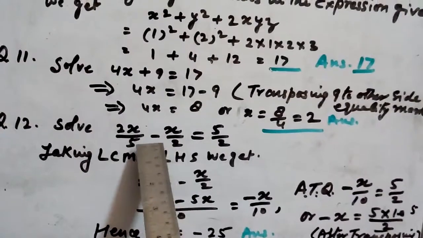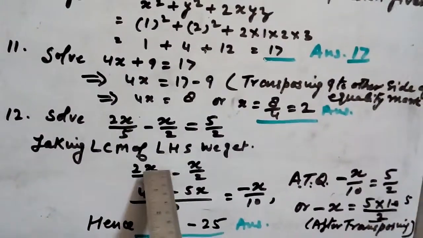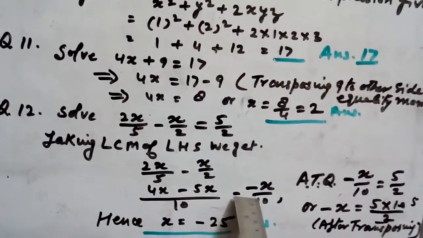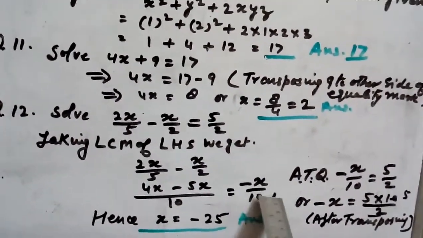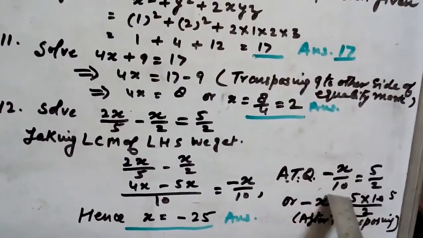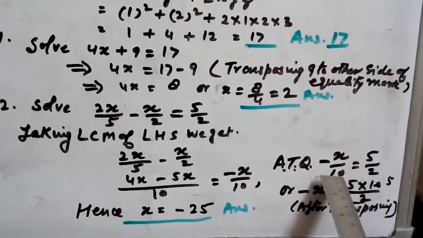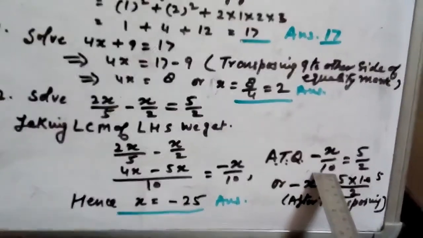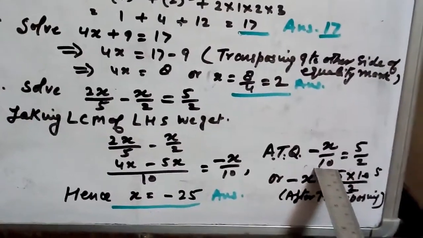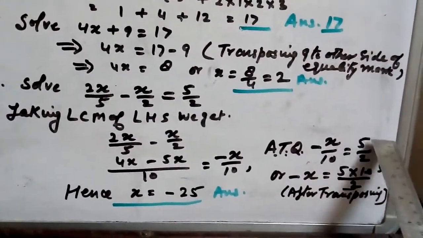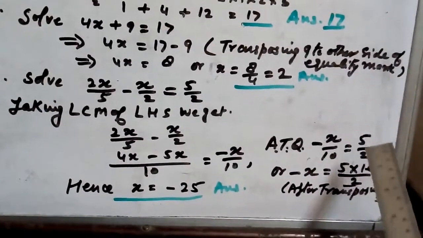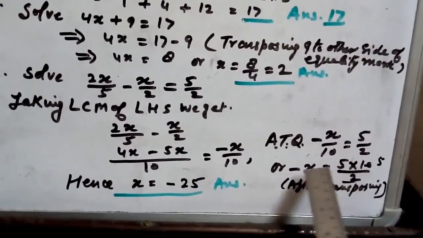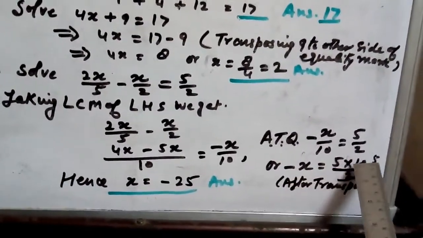So children, solving this expression, what we have to do is take the LCM of the left hand side. LCM of the left hand side is 10, and solving it we get this expression equal to minus x upon 10. Now according to the question, minus x upon 10 is equal to 5 upon 2, and transposing this 10, which is in the denominator, it will multiply the other term after equality, that is minus x is equal to 5 multiplied by 10.